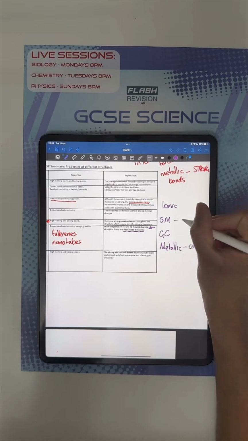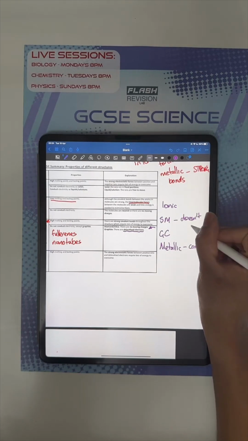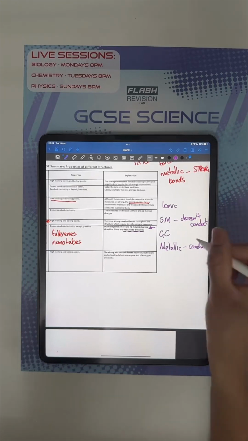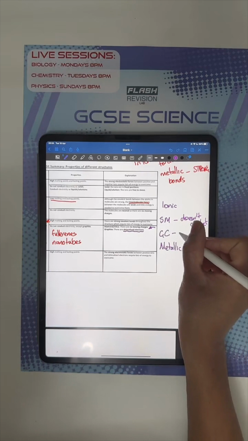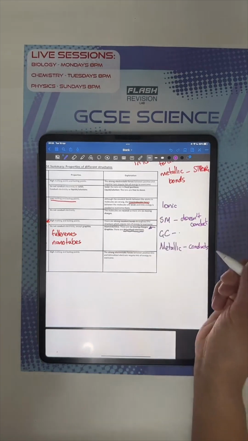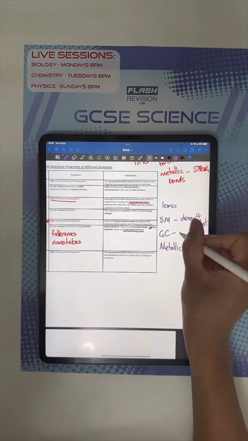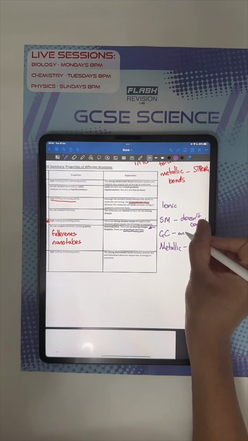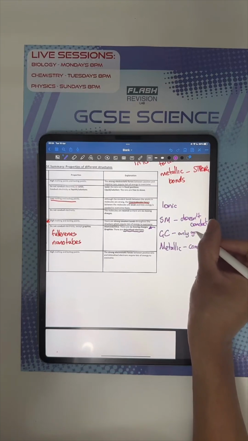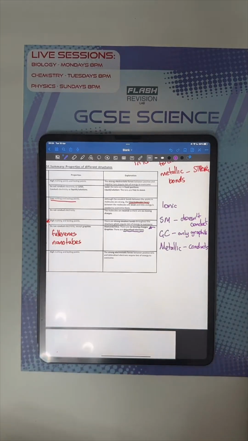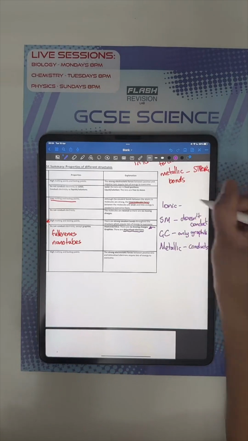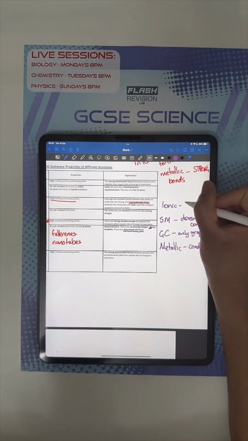Simple molecular doesn't conduct. Giant covalent, only graphite, so diamond or silicon dioxide doesn't, only graphite. And then for ionic, it conducts sometimes.